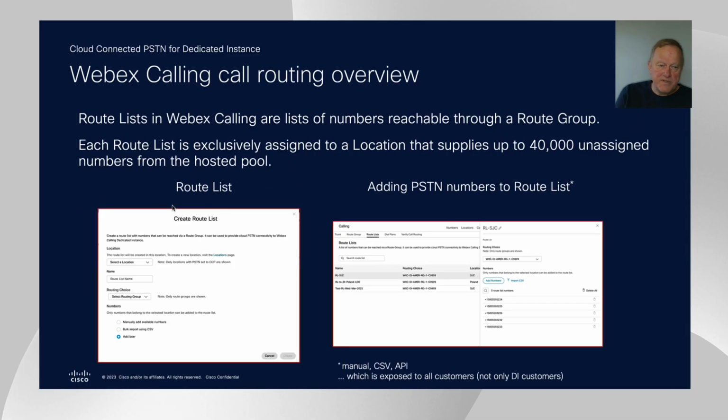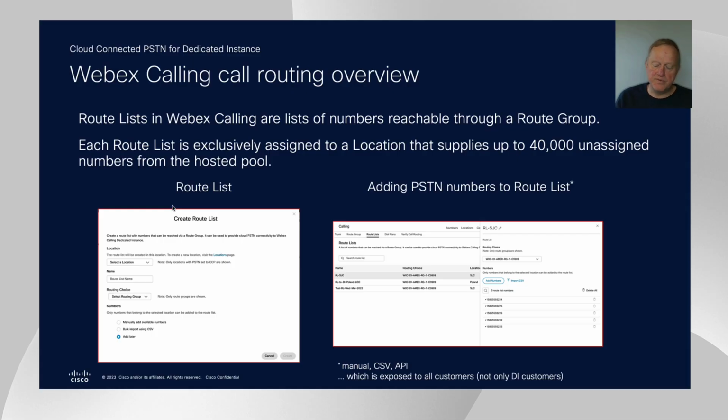The way this works is in Webex Calling, you get your phone numbers, you get your TNs added to your location the usual way from your cloud-connected PSTN provider. And then you create a route list. And to that route list, you can add up to 40,000 unassigned numbers from your hosted TN pool.